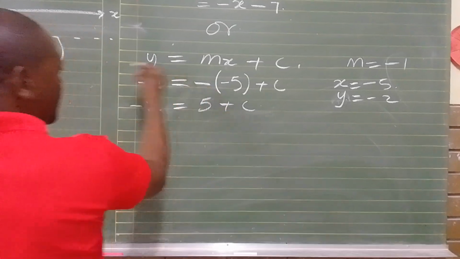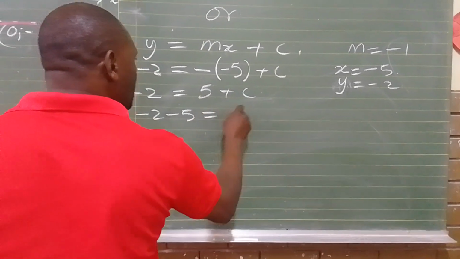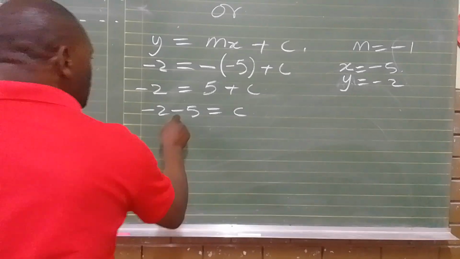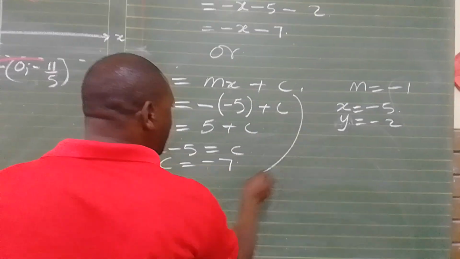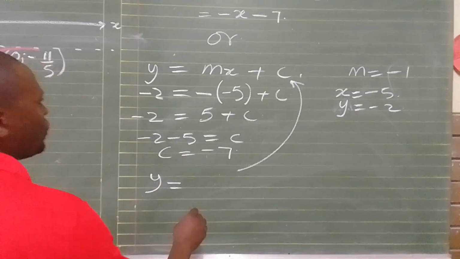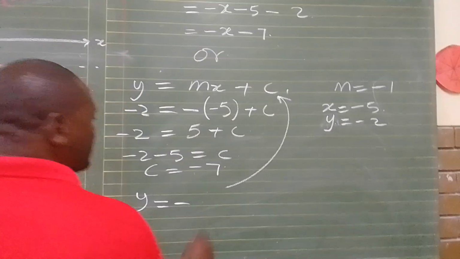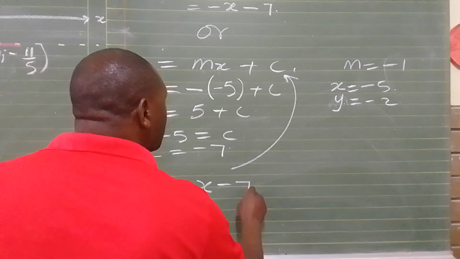You take your 5 that side, you get minus 2 minus 5 equals c. Then your c is equal to minus 7. You plug it back here: y equals m is minus x, c is minus 7.